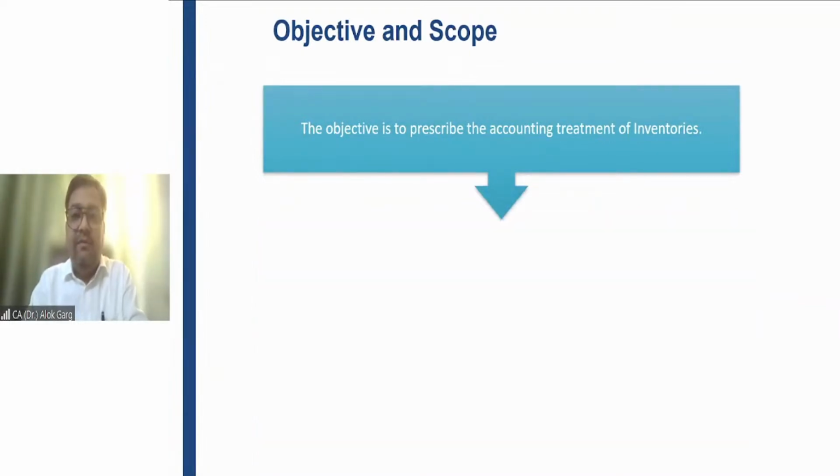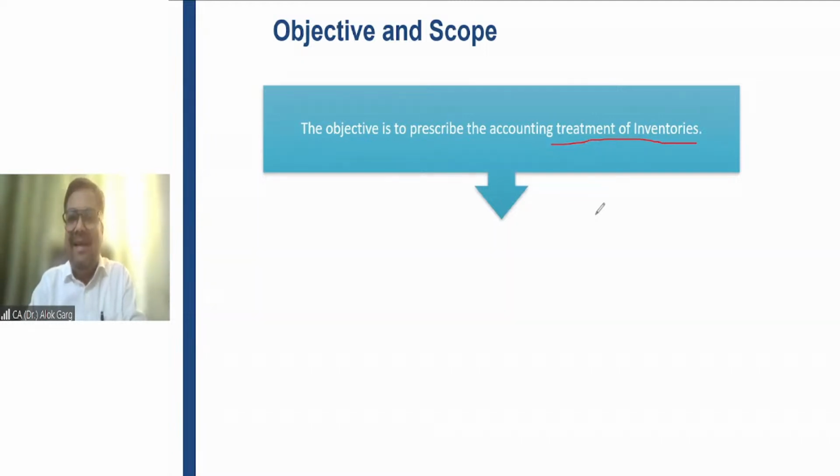What is the objective of this standard? As the title suggests, the objective is to prescribe the accounting treatment of inventories. And friends, whenever someone says accounting treatment, what is meant by it?